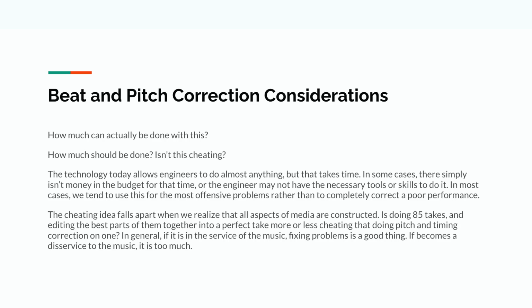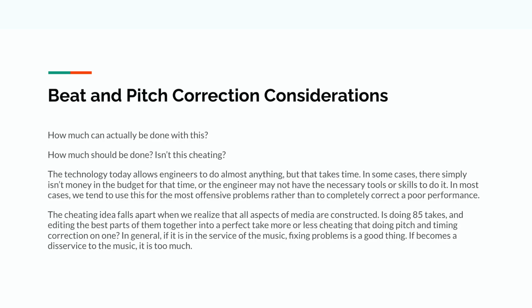So we tend to focus on the most offensive problems rather than trying to completely correct a terrible performance. If it's a terrible performance, ideally we would run another take, or we would bring in a different performer if that's our worst case scenario.